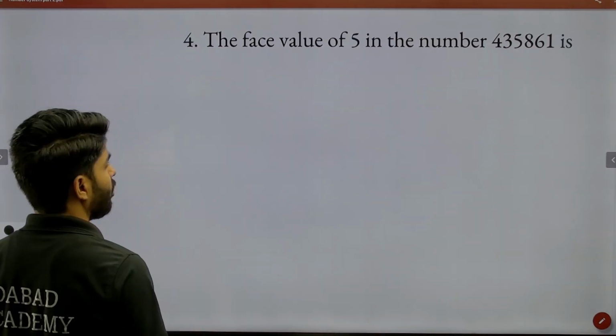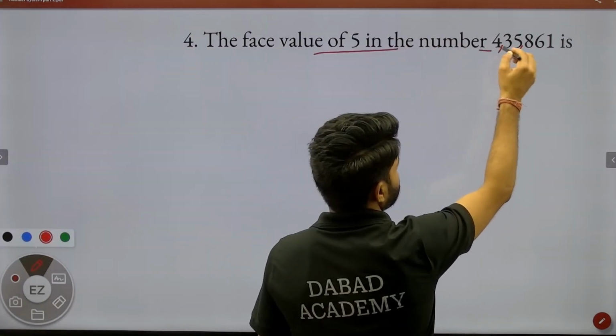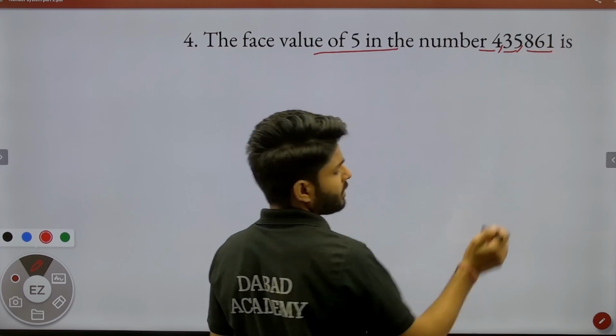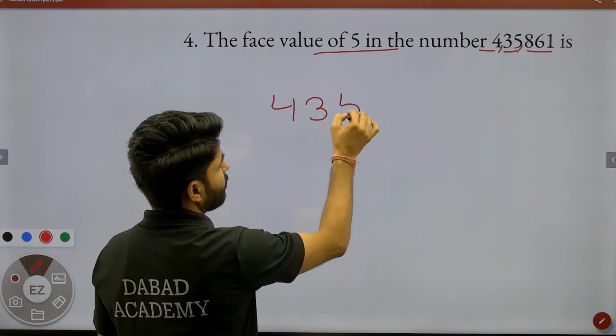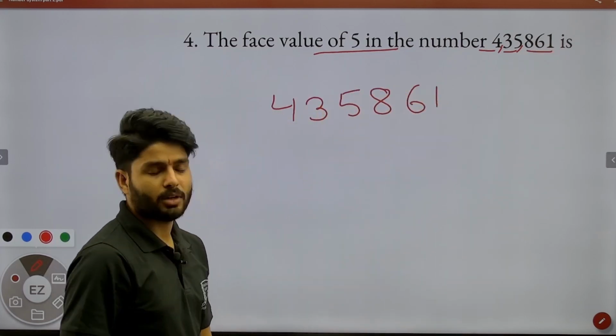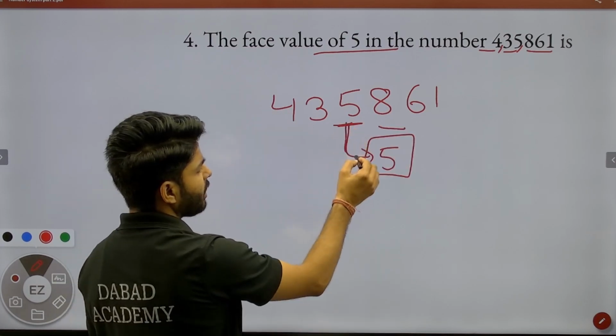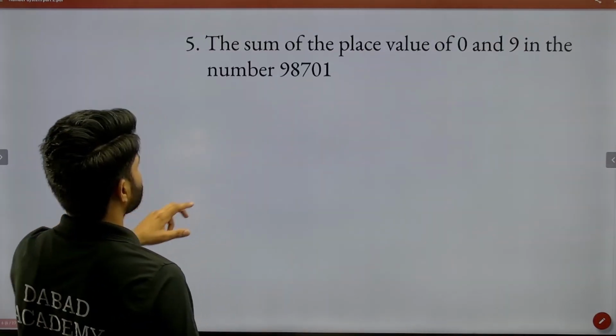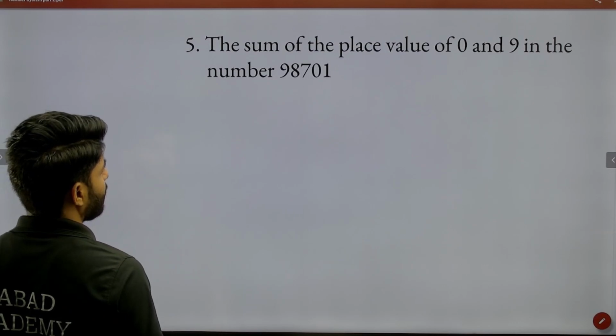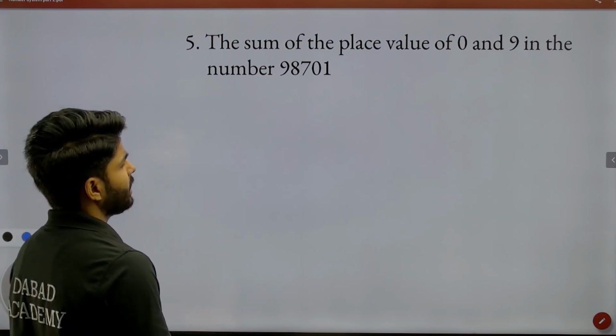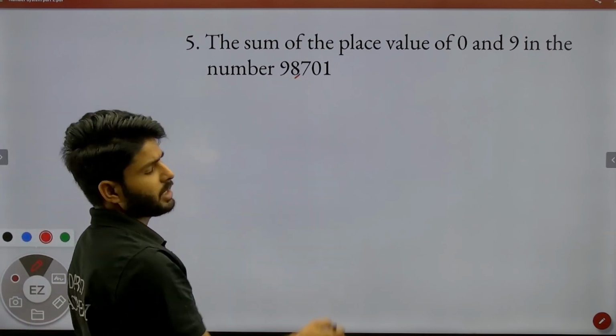The value of 5 in the number 4,35,861. First we have to write the number, and we already know in face value we have to write the number exactly. So the face value of 5 is 5. The next question is the sum of the place value of 0 and 9 in the number 98,701.